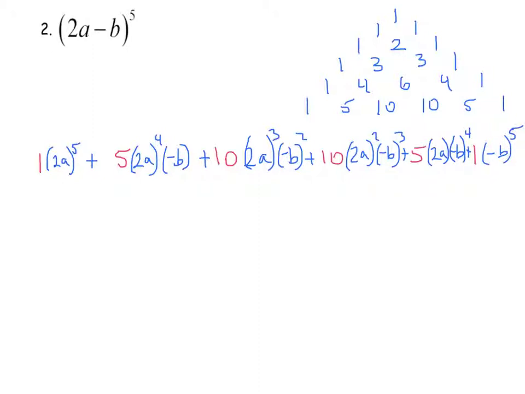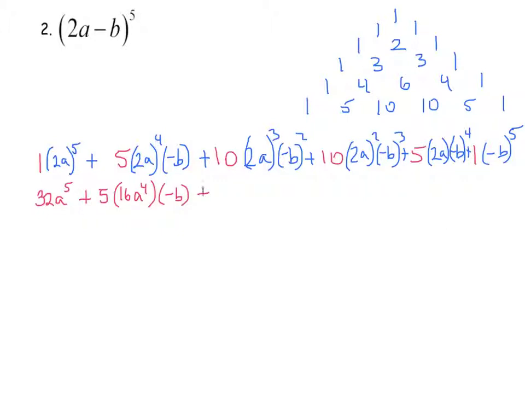So now I'm going to start simplifying. So the first one is 2 to the fifth, which is 32a to the fifth power. The second term will give me 5 times 2 to the fourth, which is 16a to the fourth times negative b.